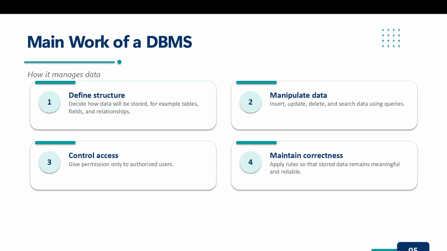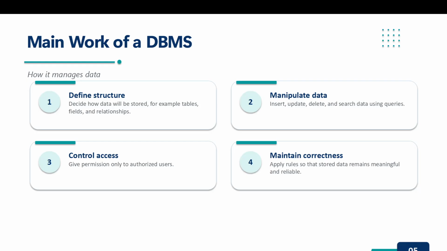The fourth work is organizing the data. If the data is not organized, it becomes difficult to use. A DBMS defines proper structures such as tables, rows, and columns to store data neatly. The fifth work is data manipulation. Manipulation means performing operations on data.